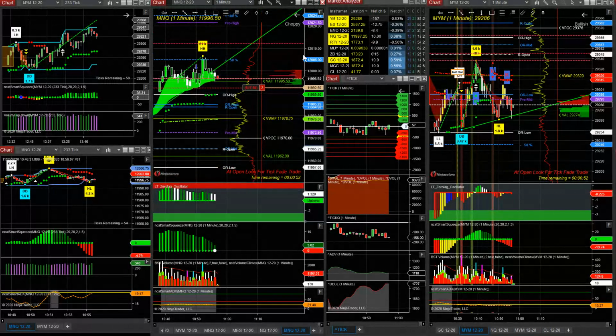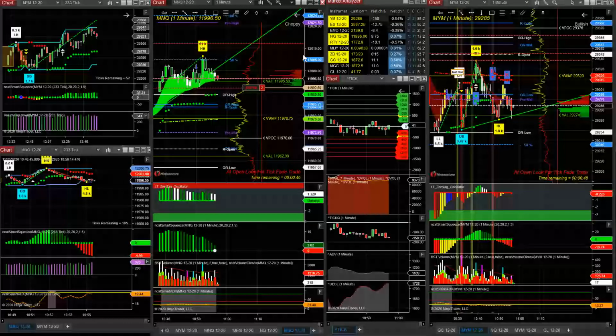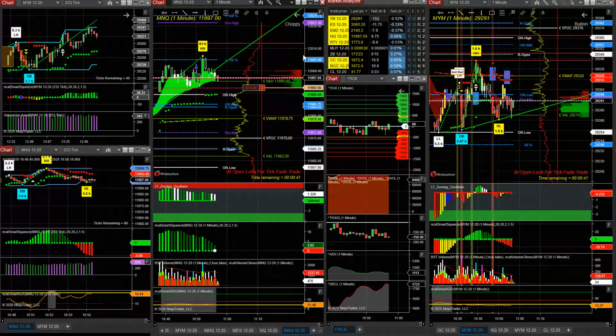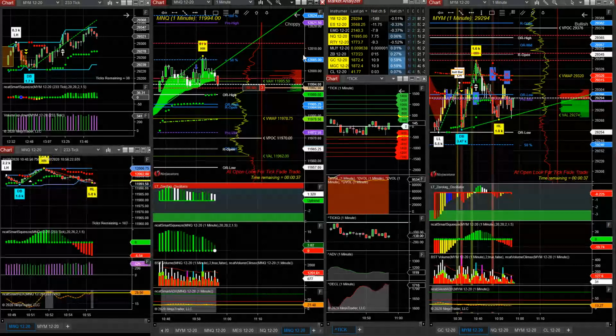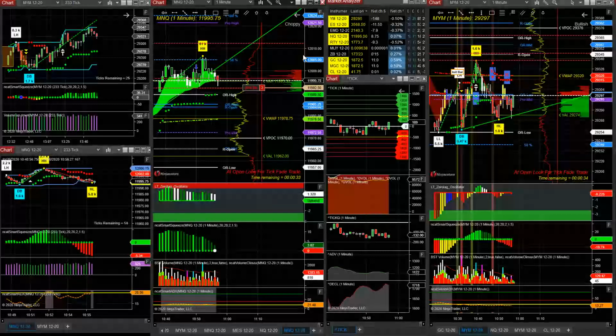After the euro close, it's going to get very, very whippy because only the US market would be trading at that time, right? So volume is going to dry up and you get whippy price action.